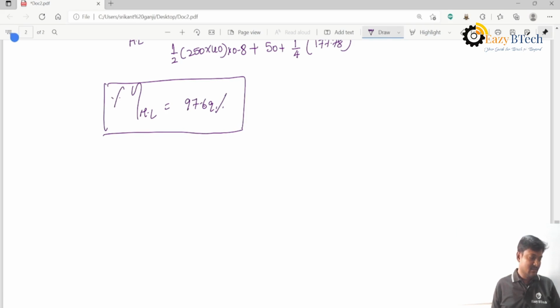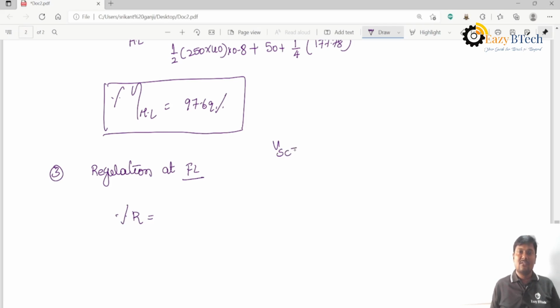The second question is also calculated: copper loss at full load, full load efficiency, and half load efficiency. The third one is regulation at full load. So before calculating percentage regulation, from the short circuit test data, Vsc is equal to 15, Isc is 30, so you can calculate Zsc as 15 divided by 30, which is 0.5 ohms.